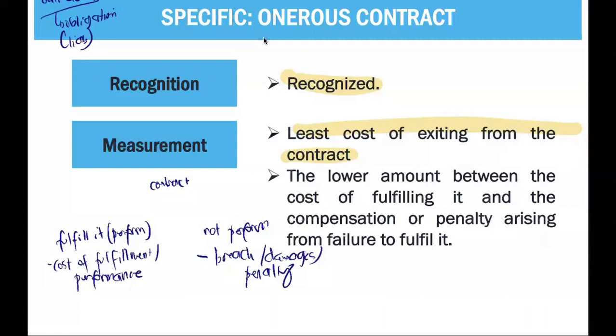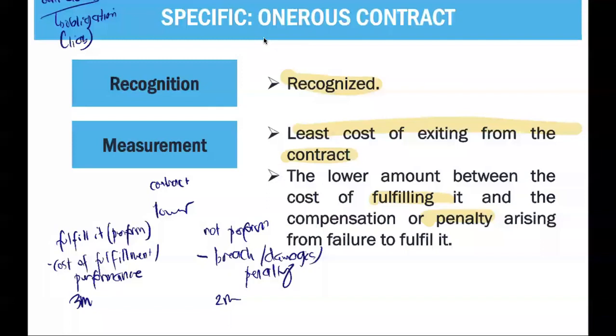But what do we mean by the least cost of exiting from the contract? That is the lower between the fulfillment costs or the penalty. So in our example here, we have a contract. You will either fulfill it, let's say the fulfillment is 3 million pesos, or you will not perform it, let's say you will pay 2 million pesos as damages.